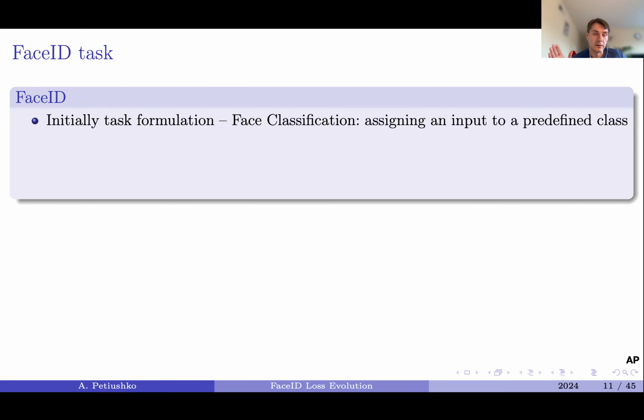Yeah, and let's provide a little bit more formalism around FaceID task. Initially, task formulation as a face classification. And that's important because we just need to assign an input to some predefined class.